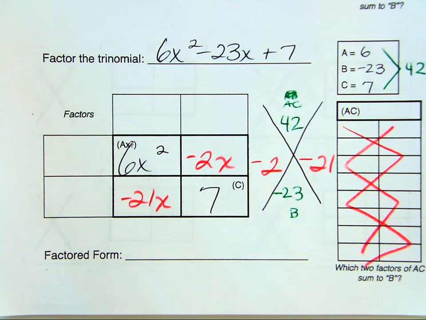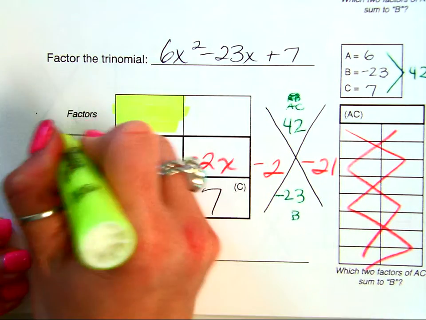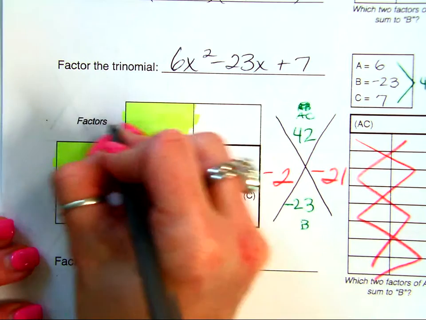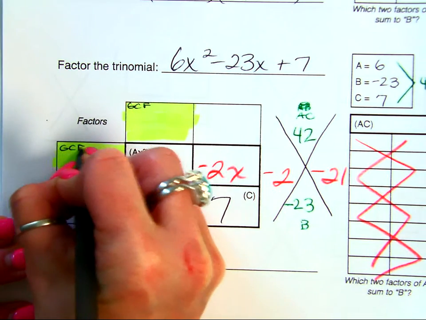Okay? So now I identify these two first by pulling out the GCF. And maybe in your notes you want to write, this is the GCF. Okay?